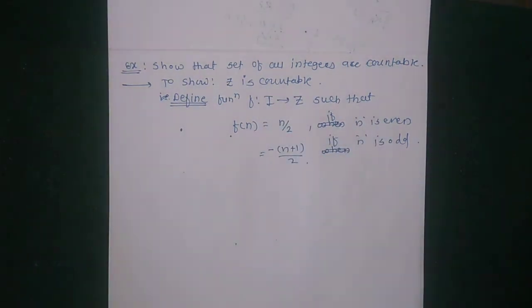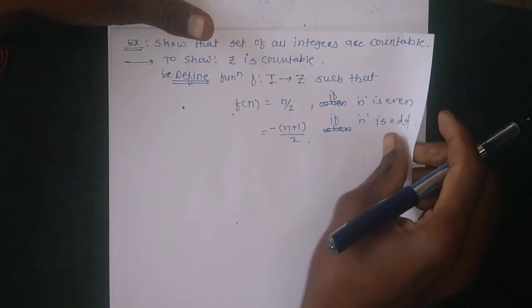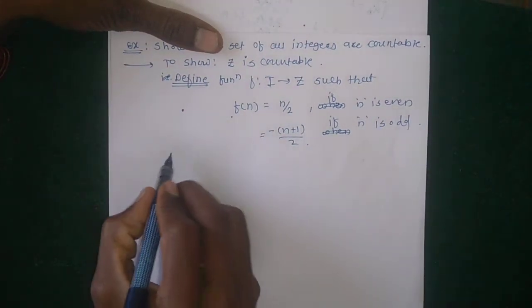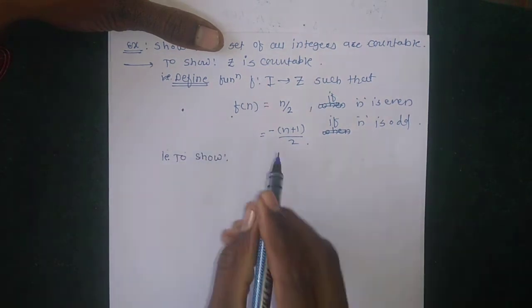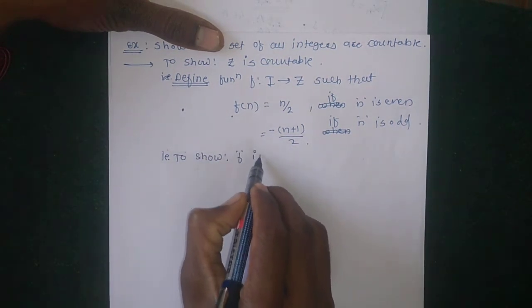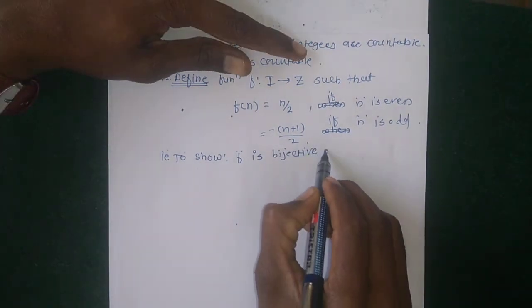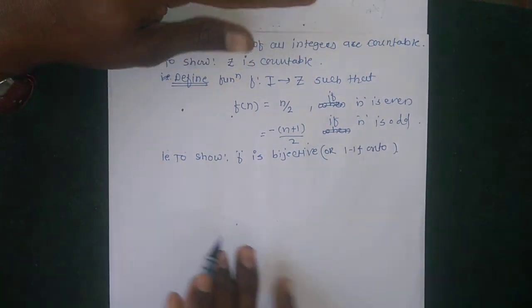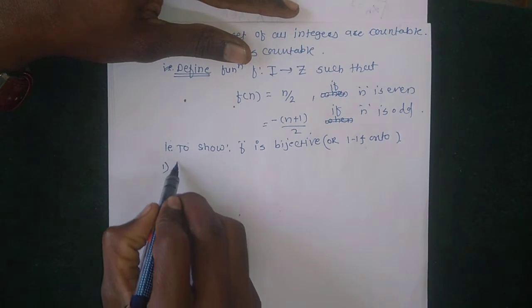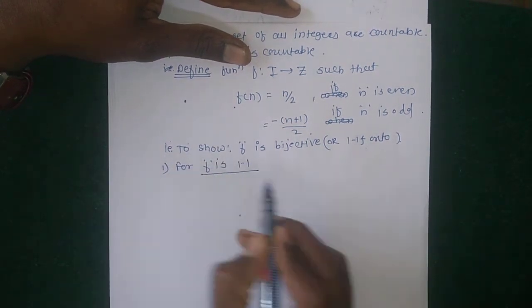So the proof of this theorem is in two parts: to show that f is bijective, we show one-one and onto. First, for f is one-one.